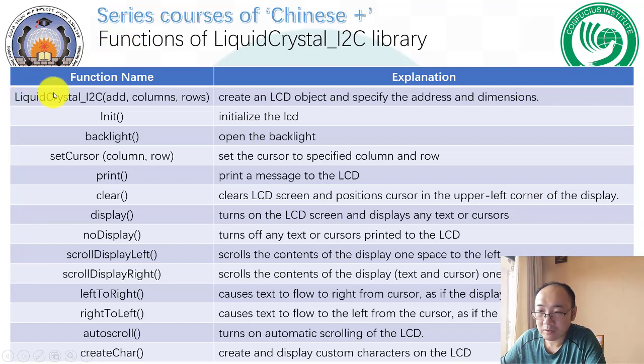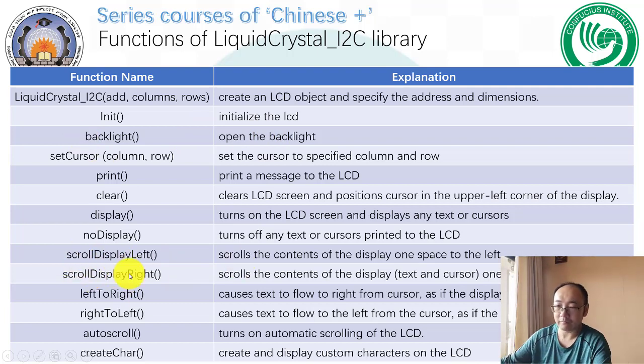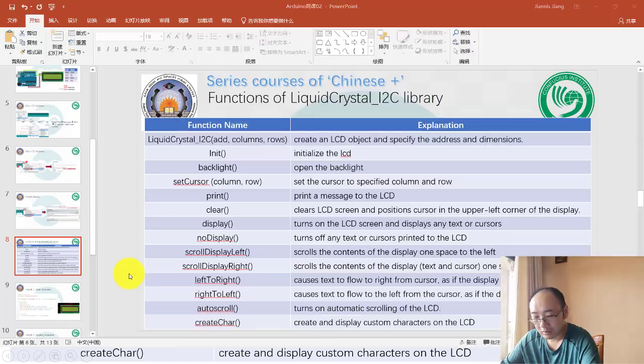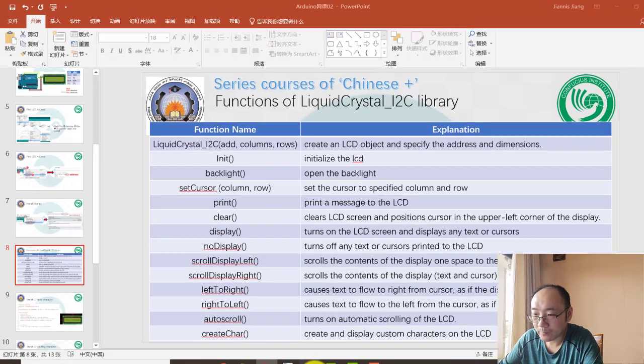For example, this function include the LiquidCrystal I2C and address, columns, rows, create a LCD object, and like backlight, turn on or turn off backlight, scroll display left. From this name, we can easily understand the function for that.